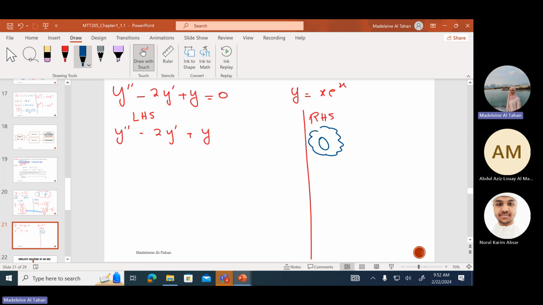What do we need here? y prime and y double prime. So let's find y prime. This is y, which is x e^x. What's y prime?